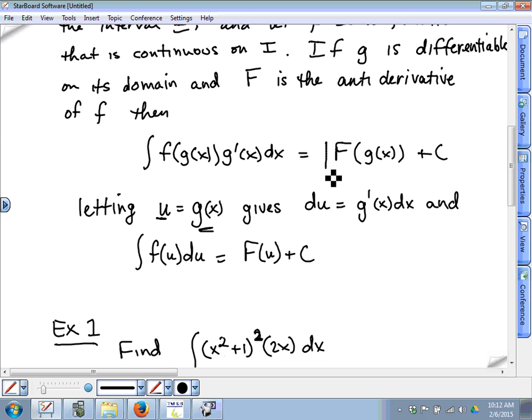What is capital F compared to little f right here? The derivative. Be careful how you say this. This is the anti-derivative, or integral, right? Antiderivative is integral.